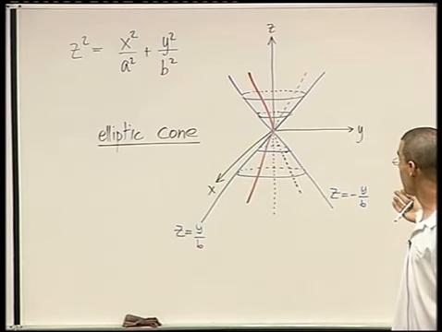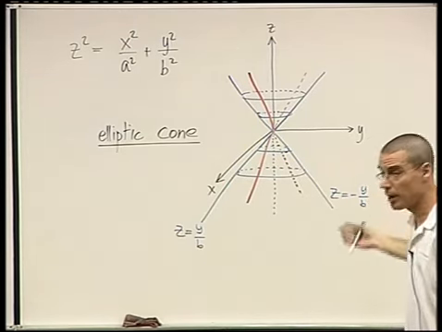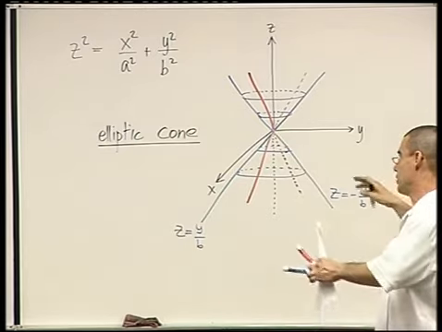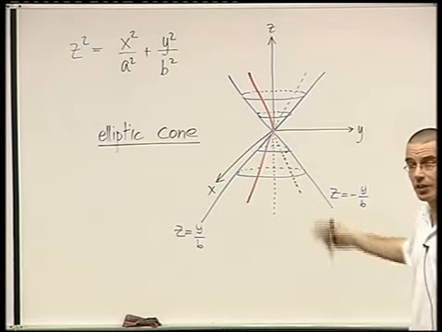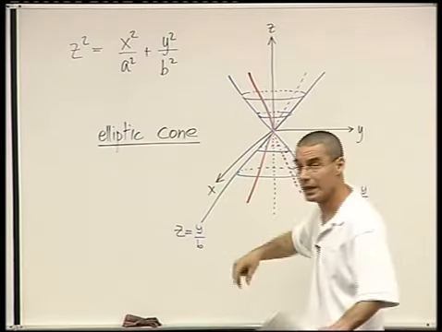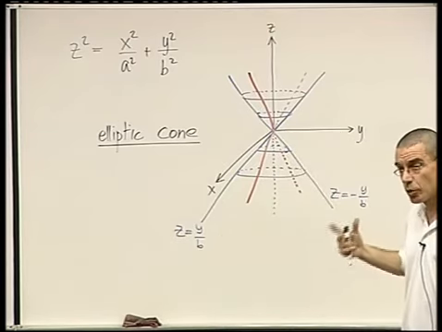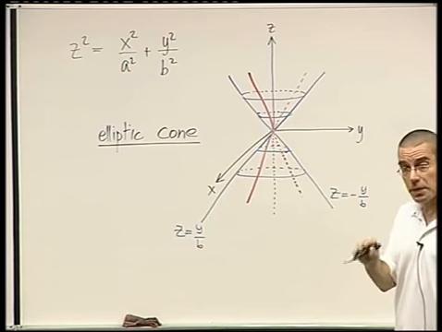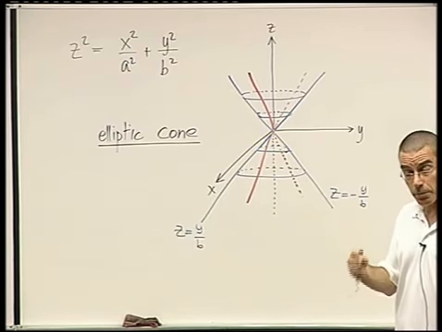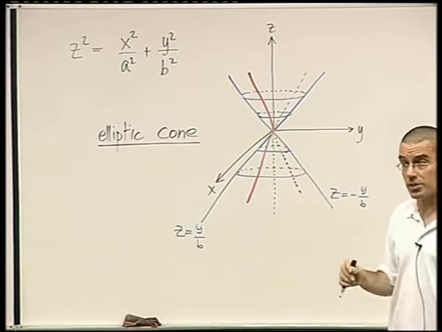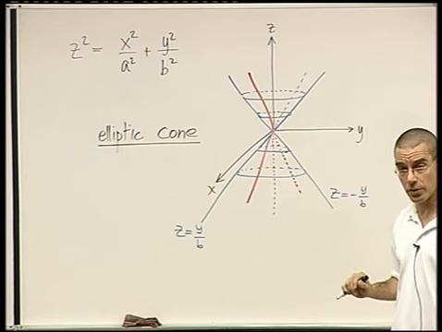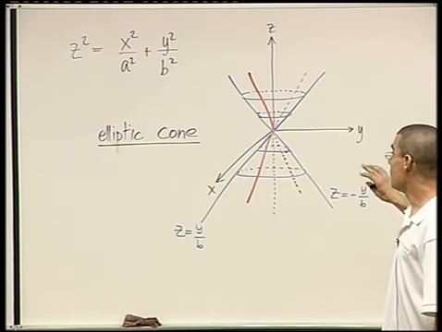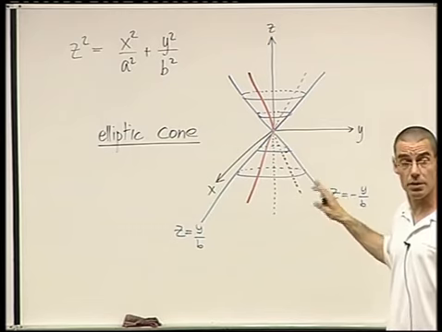Whenever we look at things that are more complicated, that have like, I don't know, e to the x or sine x or products of x and y and all kinds of things that are more challenging, you might be able to picture them using computer graphics, using a program that does that, and there are many available online. But drawing them on your own is going to be very difficult.